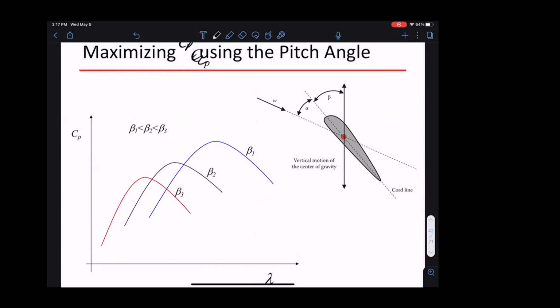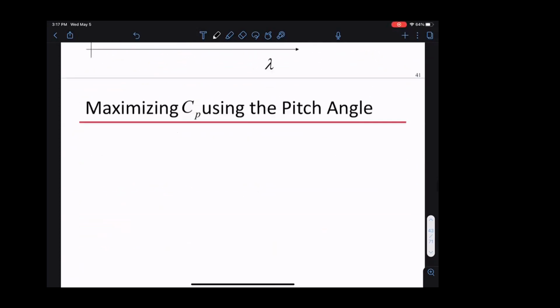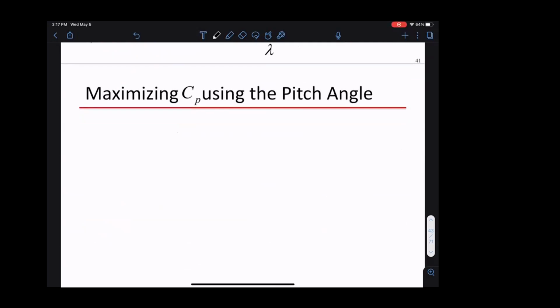And this curve moving around gives us a good way to track the operating point. Let's think of why changing the pitch angle gives us a way to track it.